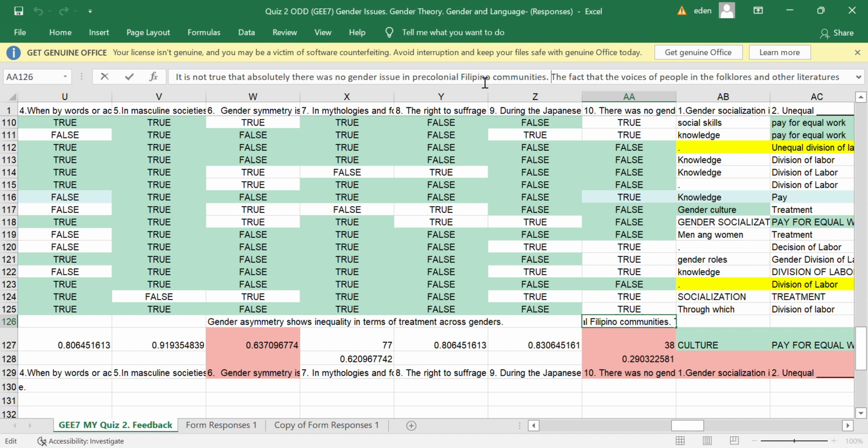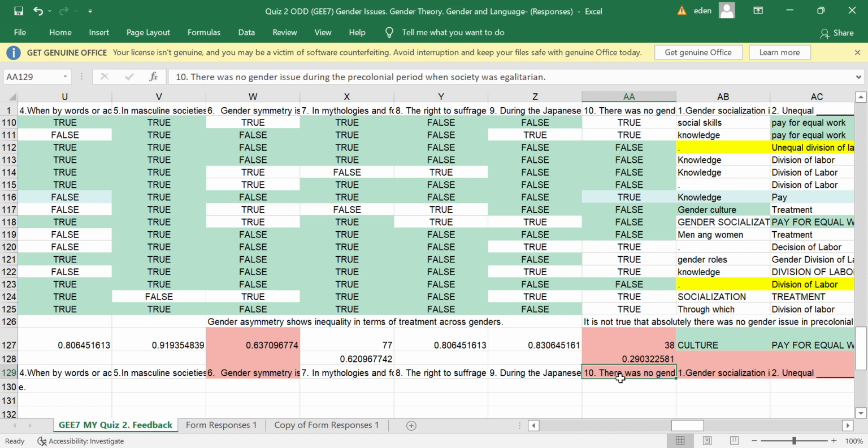However, the question asks for whether there was or there was no gender issue. So the answer here is false.